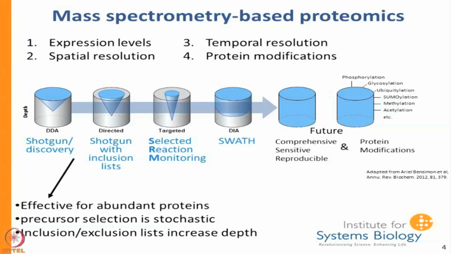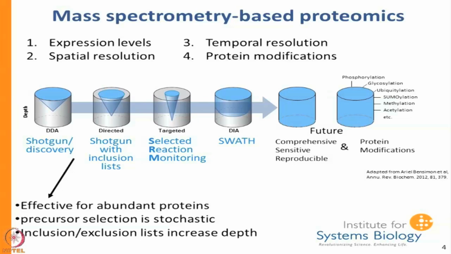If instead of selecting the most abundant precursor you have an inclusion list, a set of precursors that you're looking for to begin with, you can get deeper into the proteome, but it comes at a cost of losing some of the coverage at the higher concentrations. SRM, which was explained well this morning, carries that trend further still.